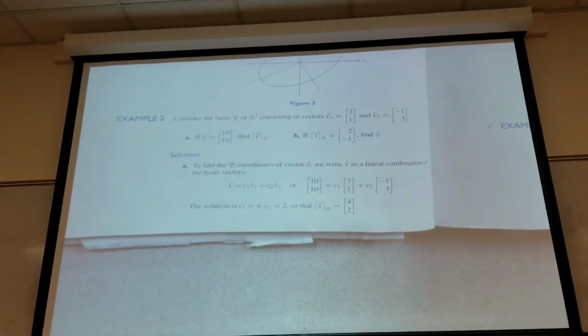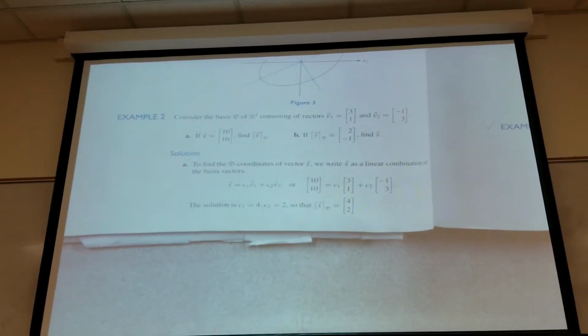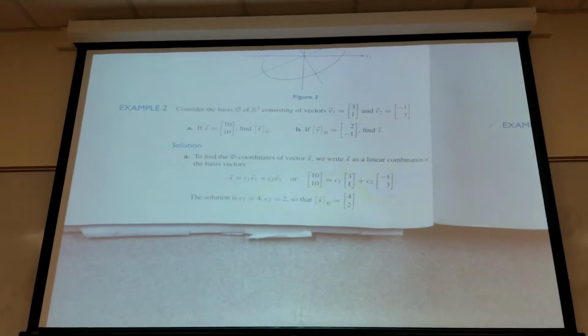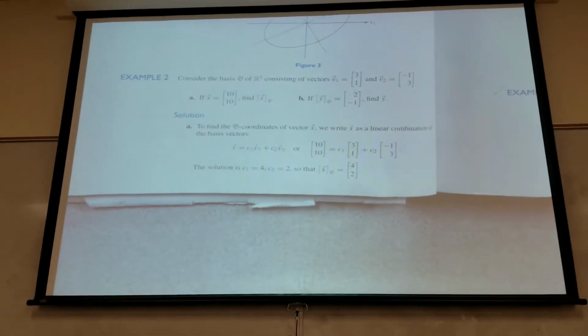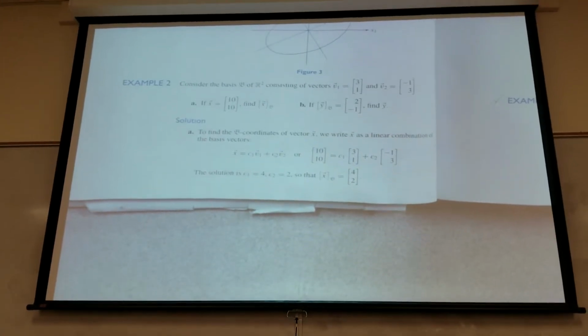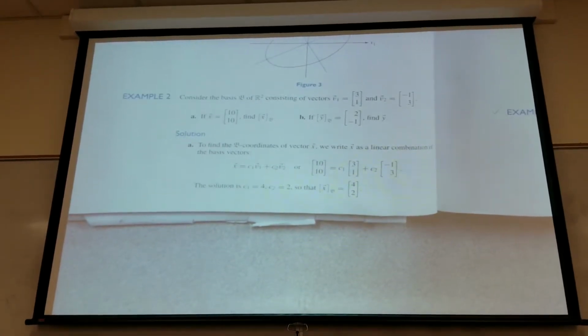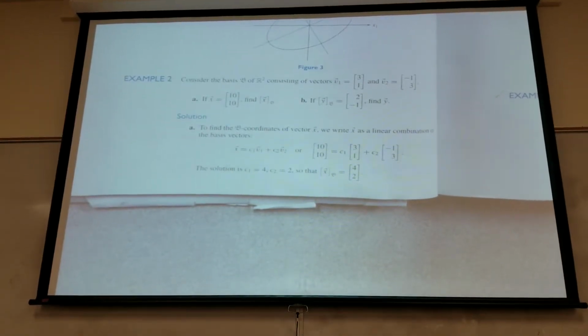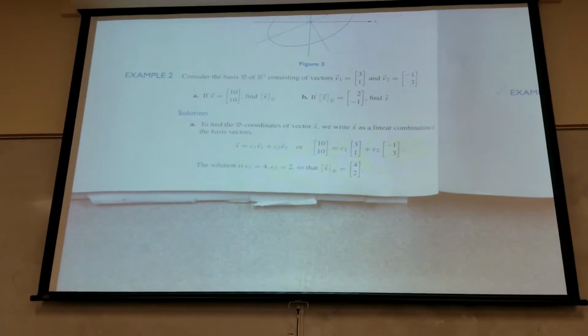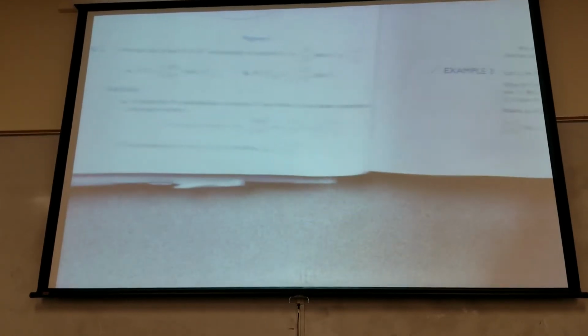Or by inspection. You can sometimes guess what C1, C2 are. If you guess it wrong, adjust a little bit, right? Okay. If after several tries you still didn't get it, then you can always go back to the augmented matrix, right?